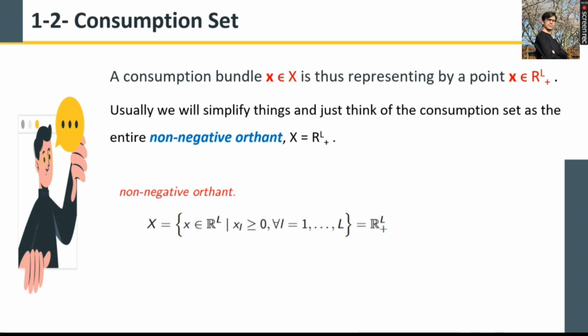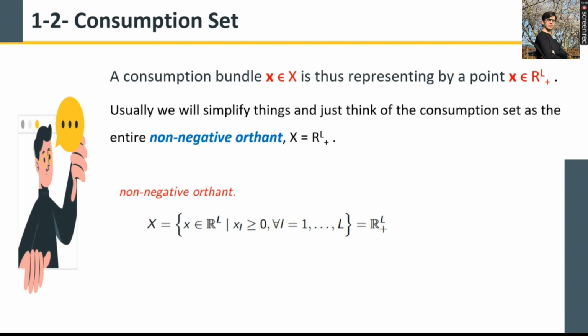is a set of consumption bundles in RL such that each xl, or each commodity amount, is greater than or equal to 0 for all l from 1 to capital L, and this is equal to RL plus.